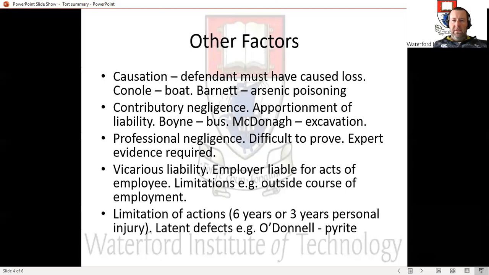One is causation, or what we refer to sometimes as the chain of causation. That is, the defendant that you're bringing the claim against must have actually caused the loss. So there should be no break in the chain of causation between the action that they did and the final resultant injury.